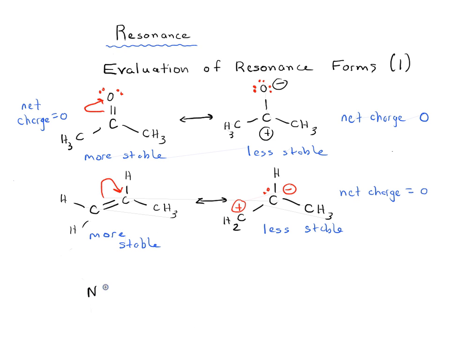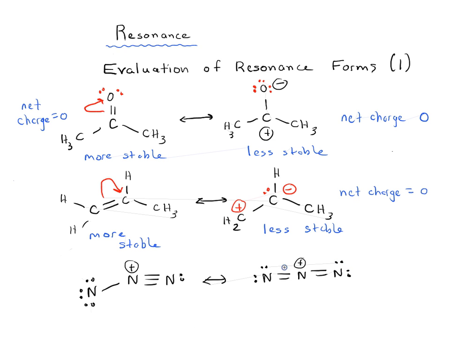And then let's look at something slightly different. So let's take this nitrogen here, and this is called the azide ion. You might hear people pronounce it differently. And we can draw 2 different resonance forms for this.